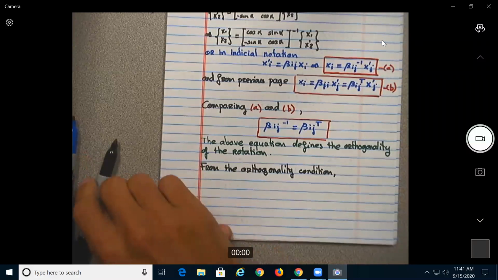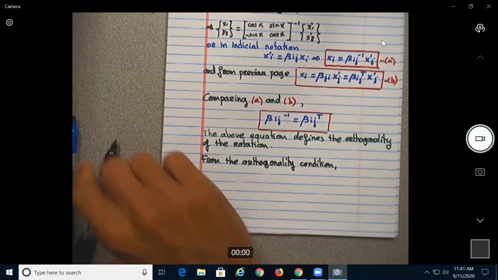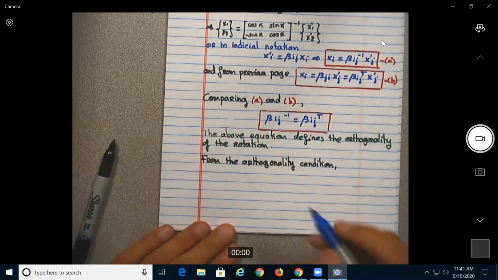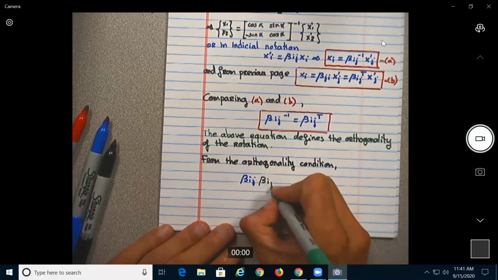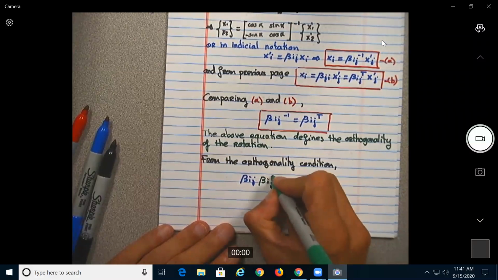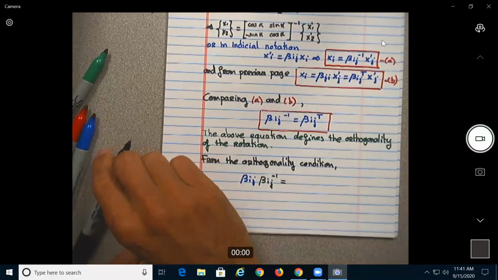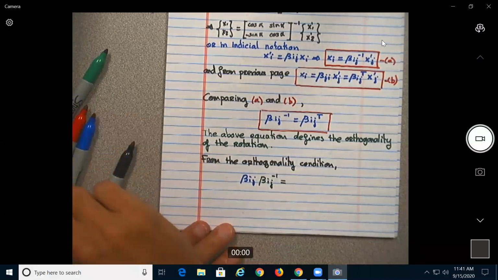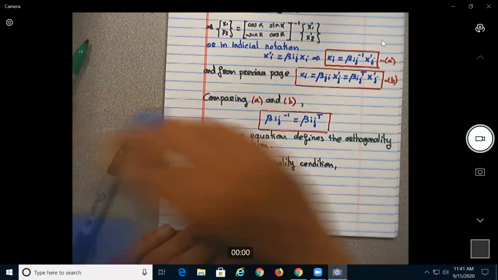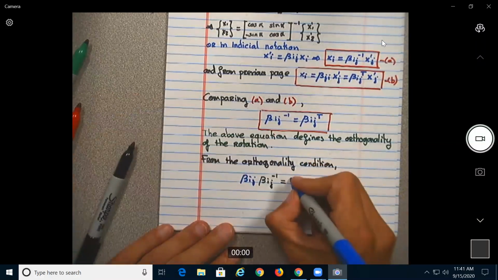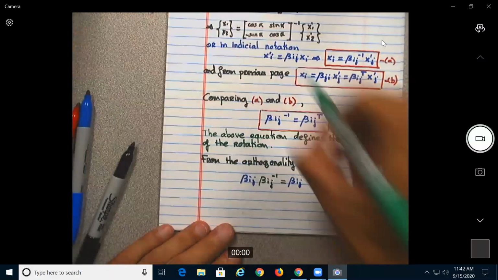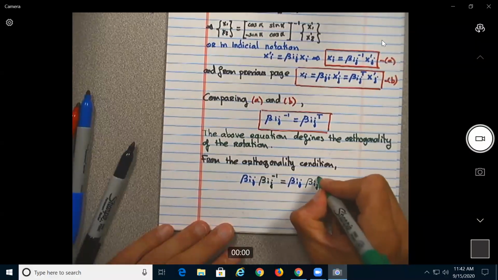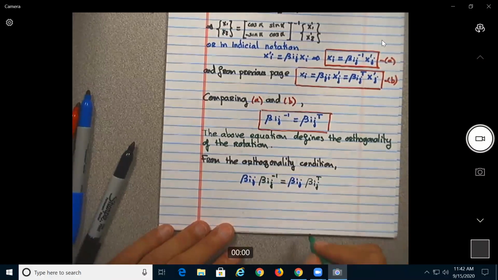We have beta ij minus 1 equal to beta ij transpose, because of the condition.